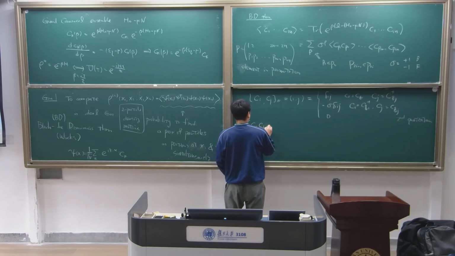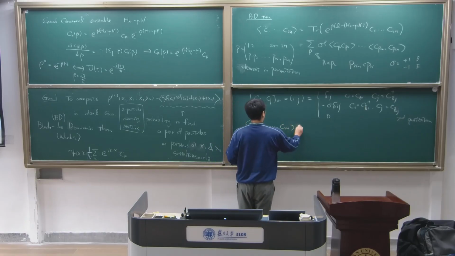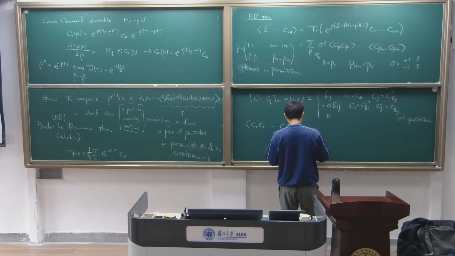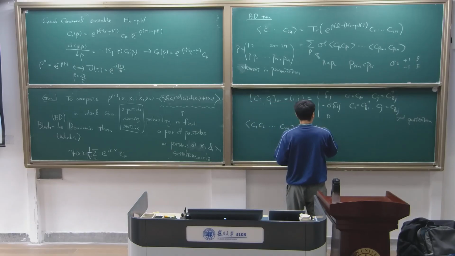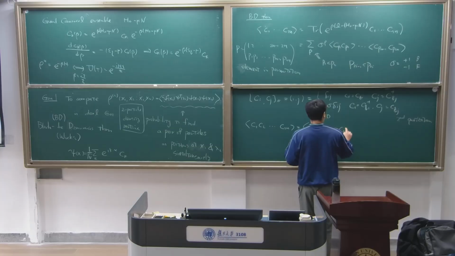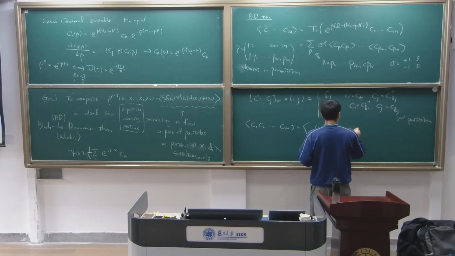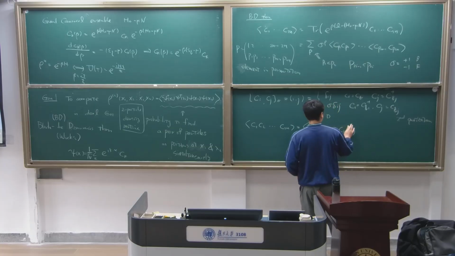C1 with C2 through C2n is given by the commutator 1,2 plus sigma C2 C1. This is a commutation relation.